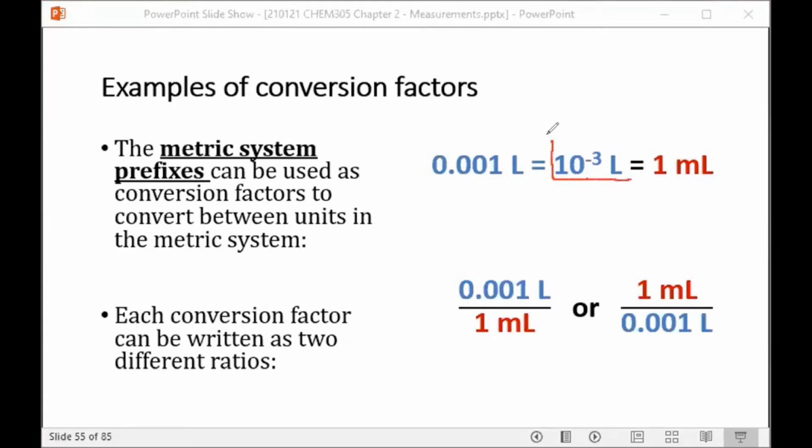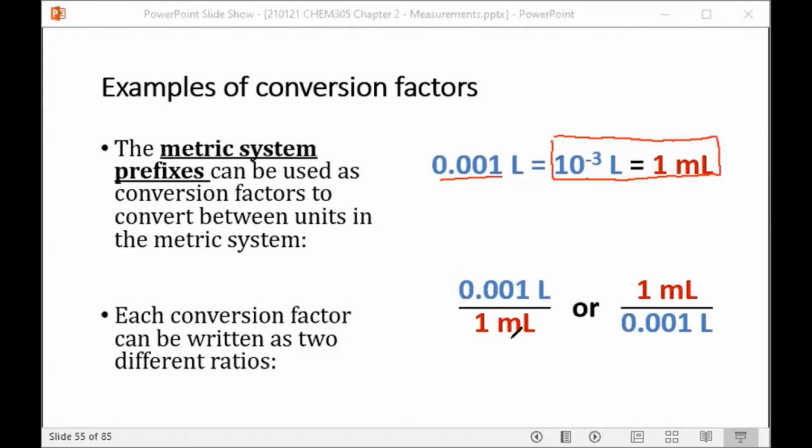You look up this conversion factor in the prefix table. We know from scientific notation that 10 to the negative 3 is the same as 0.001. So this conversion factor you could write as two different ratios: 0.001 liters per 1 milliliter, or for every 1 milliliter, there's 0.001 liters.